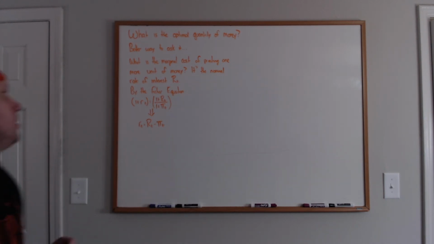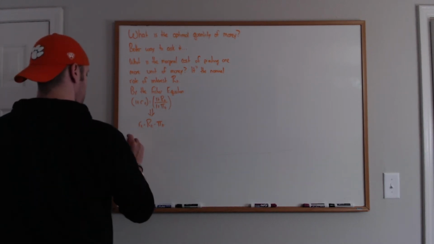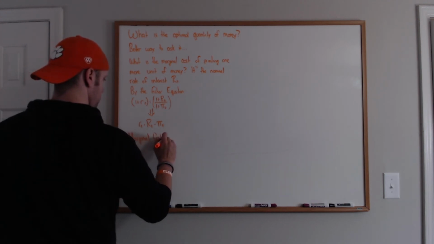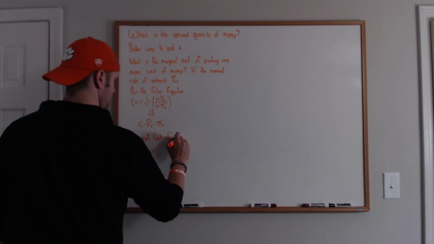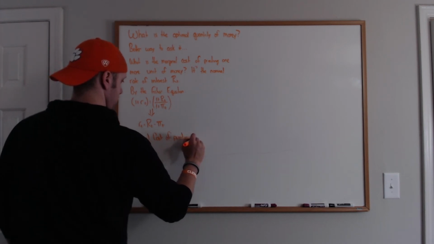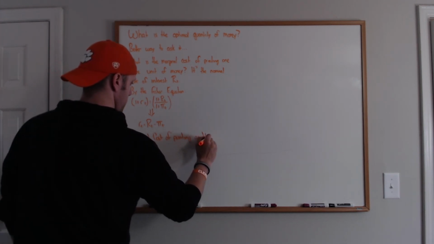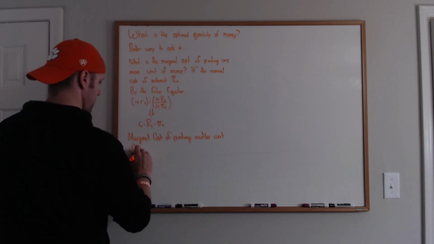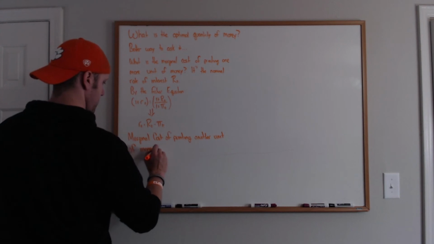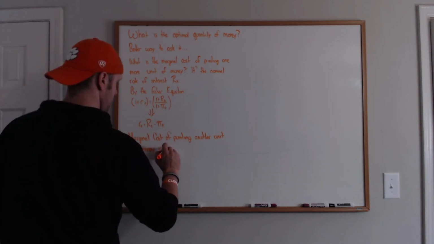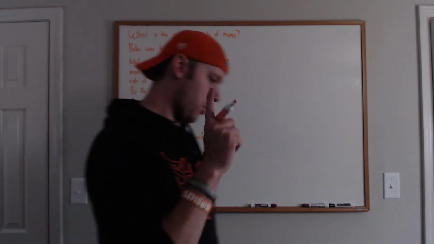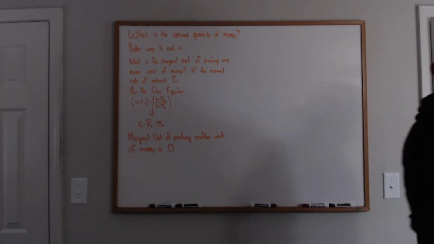The marginal cost of printing another unit of money, one more dollar, is equal to 0.